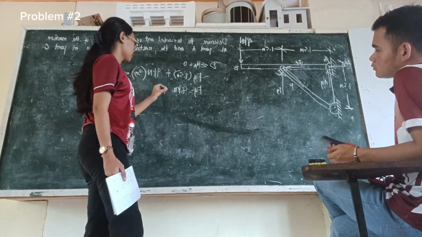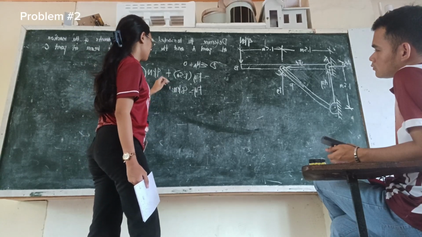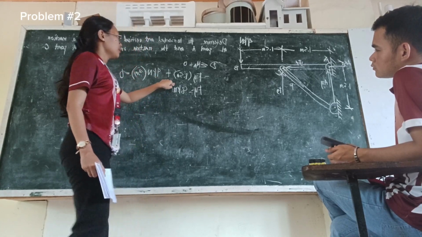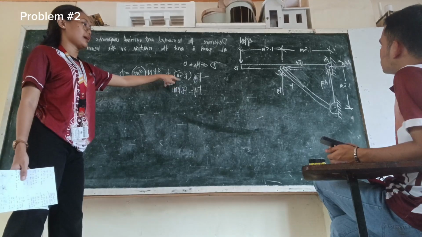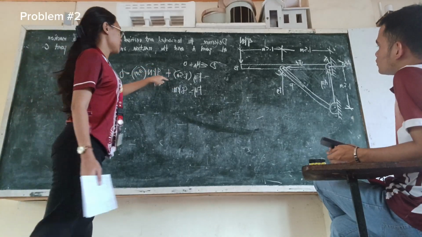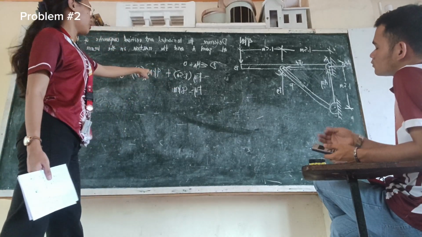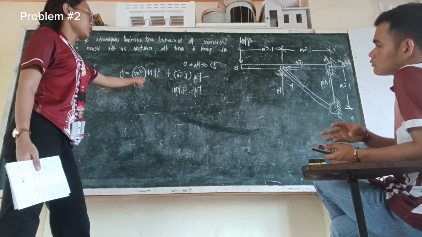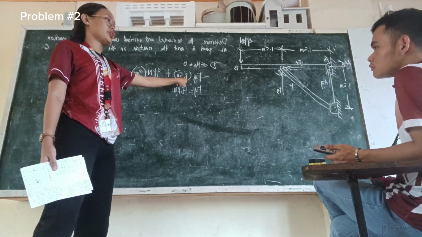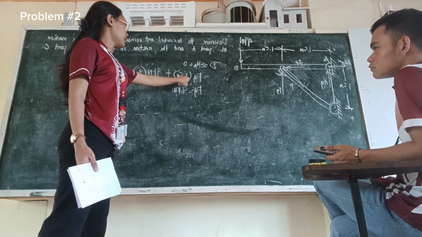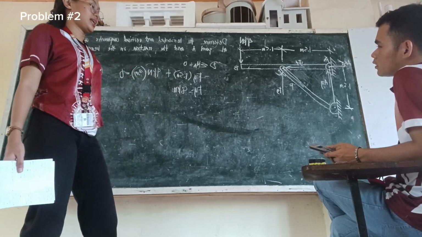We can do it manually. First, we get 4 times 3, which is equal to 12, divided by 1.5. The answer is the same, which is 8 kN.